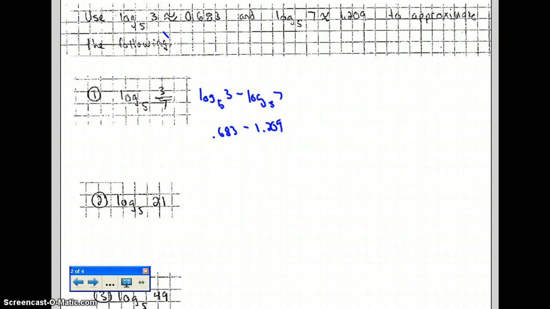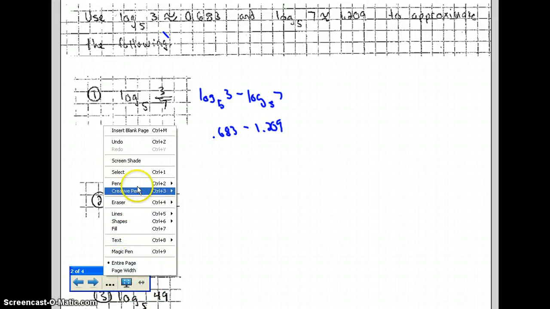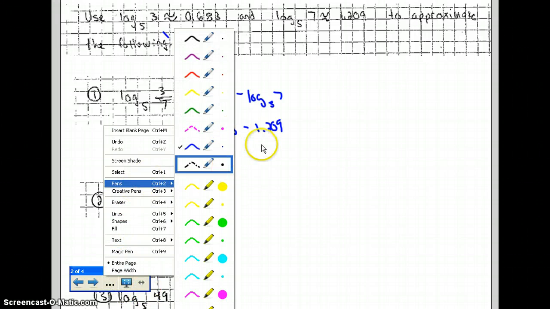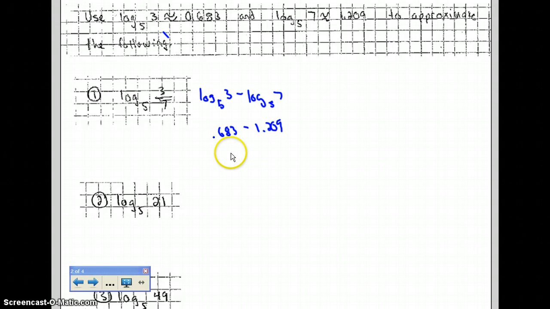And when I take the difference of those two, I end up with negative 0.526.